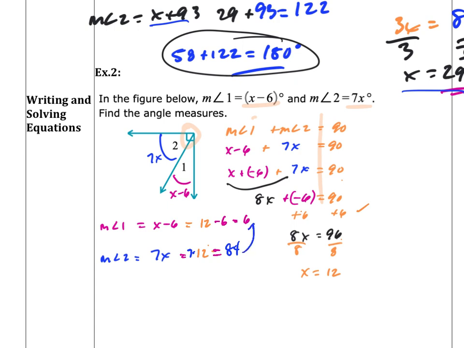And 84 plus 6 equals 90. So that means this angle right here is 6 degrees, and this angle number 2 is 84 degrees.